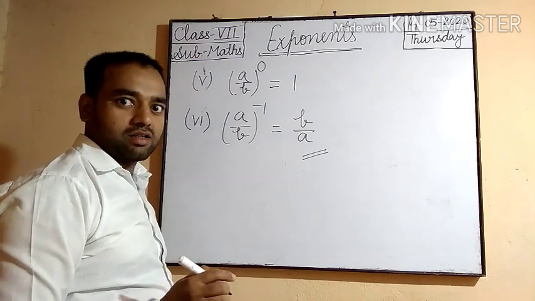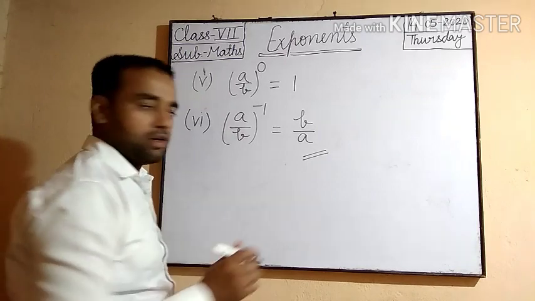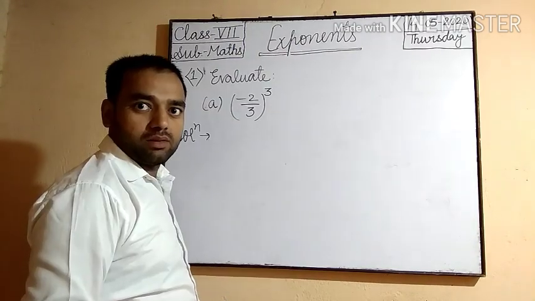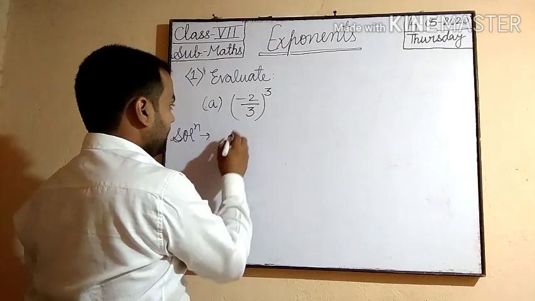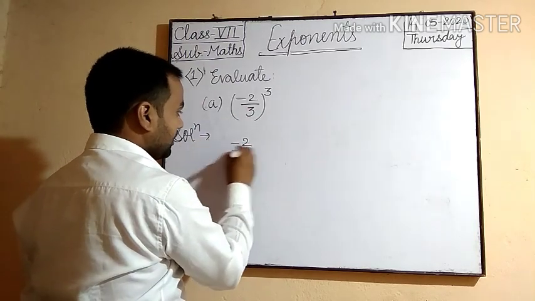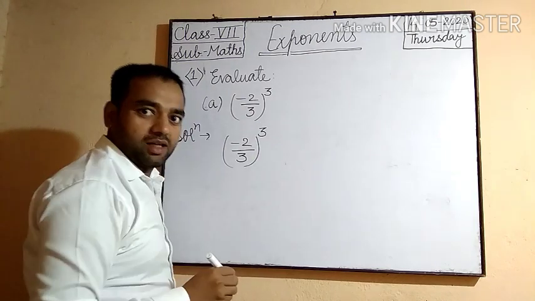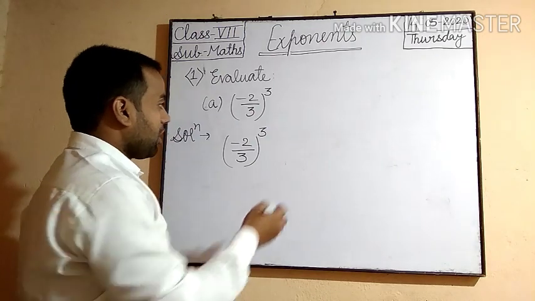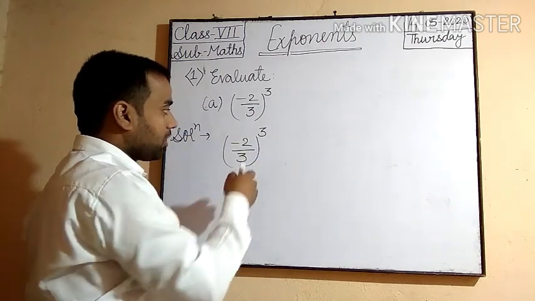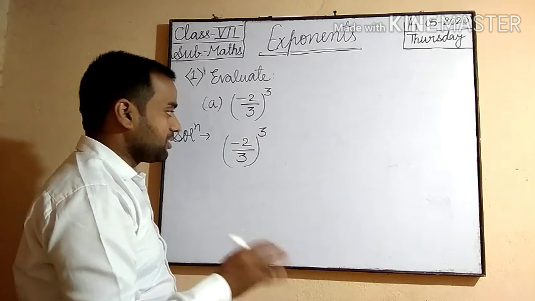Now let us discuss some questions related to exponents. Question number 1: evaluate (-2/3) power 3. Here the base is -2/3 and the power is 3. This complete term is called exponential form or power notation. Both names are the same.